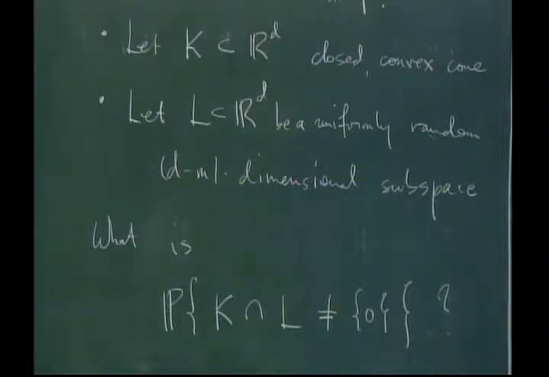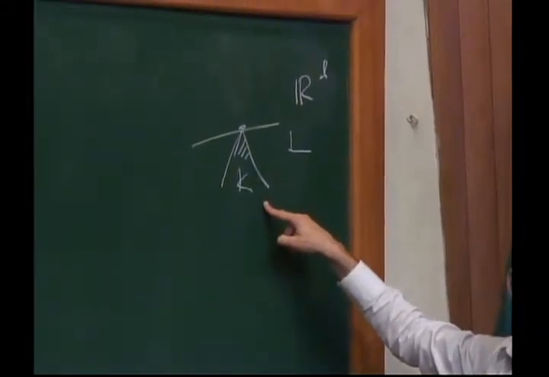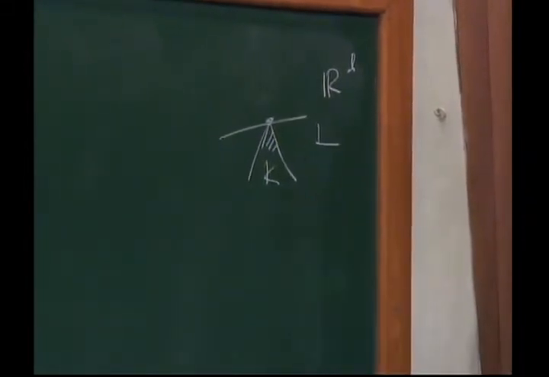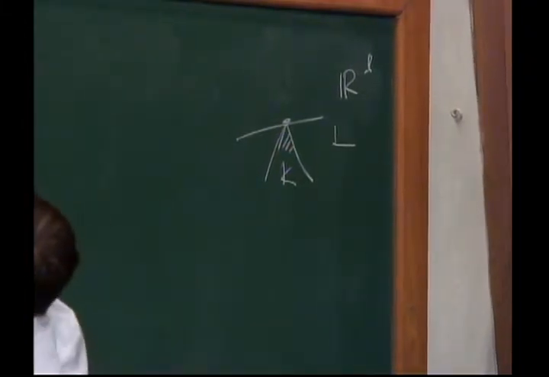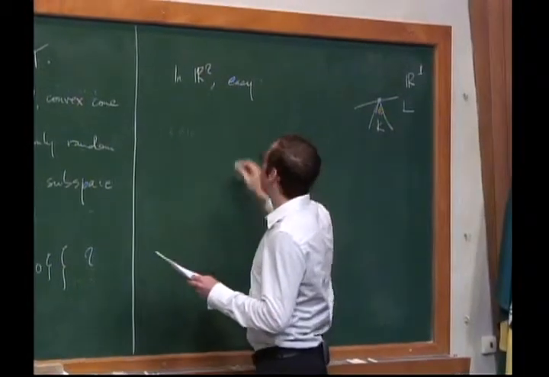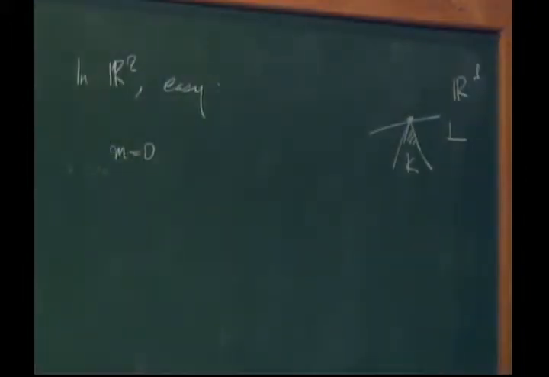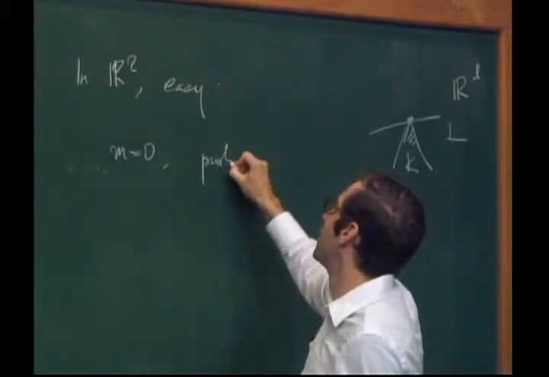Okay, so the picture here is basically the same as before. We're in R^d. We have a cone K. We have a subspace L. And we actually want to know when L and K have a ray in common, when they share a ray with each other. Okay, so in R^2, this is an easy problem. So if the dimension m here is 0, the probability is equal to what?